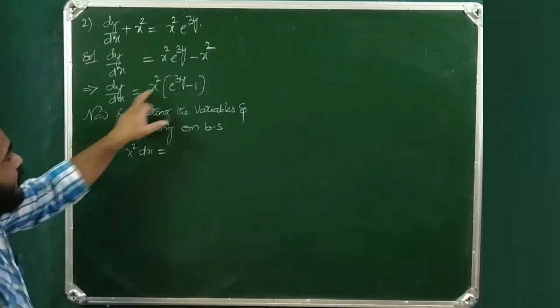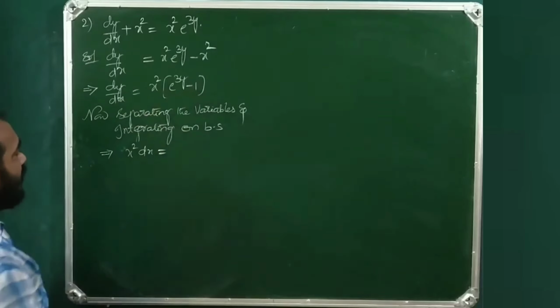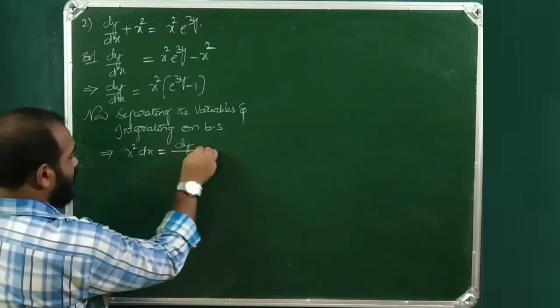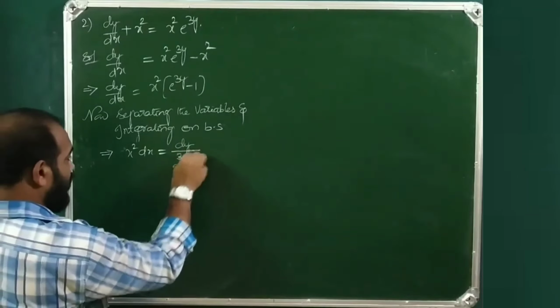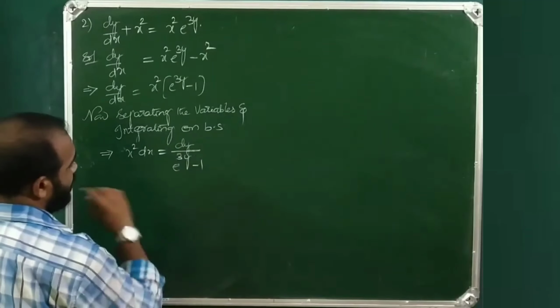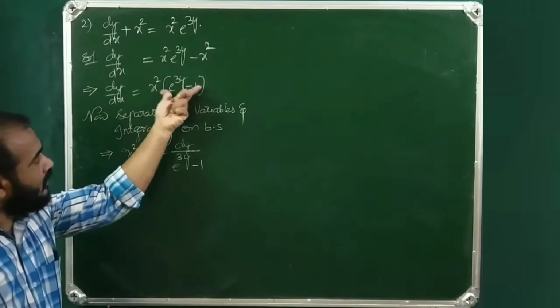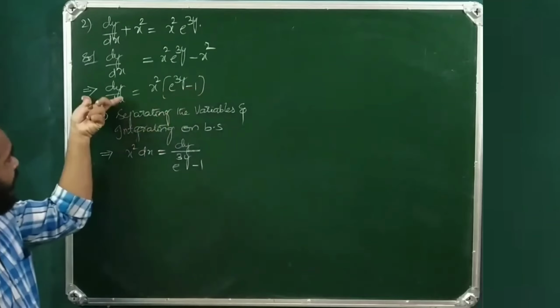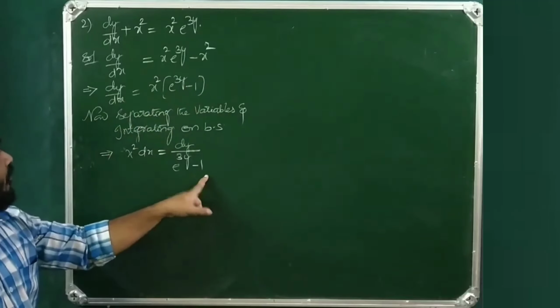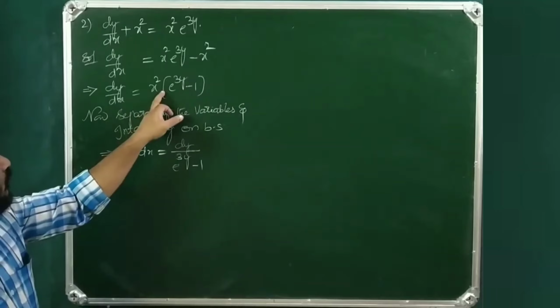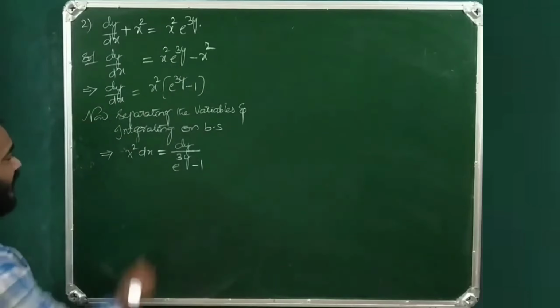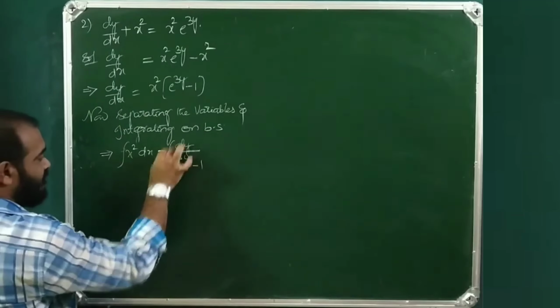X square dx is equal to dy by e power 3y minus 1. Dy by e power 3y minus 1, again, dy by this is multiplying, it would be dividing here. Dy by e power 3y minus 1 is equal to x square dx, and integrating on both sides.